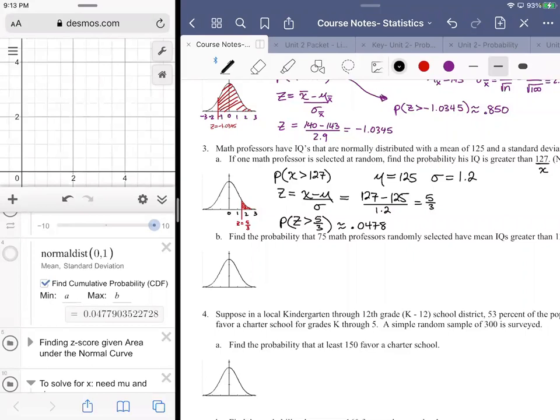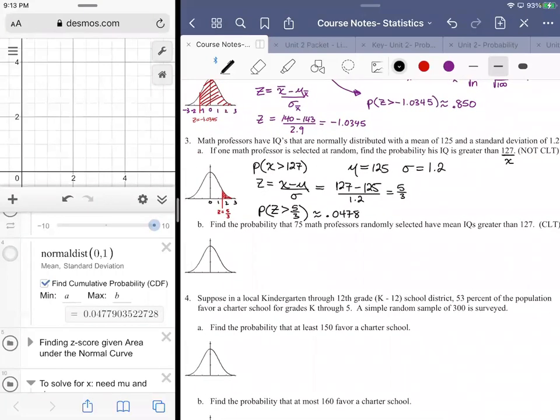So if somebody's going to deviate from that, it's going to happen at a low probability. The central limit theorem version of this is that now you have 75 professors, and we want their mean IQs to be greater than 127.